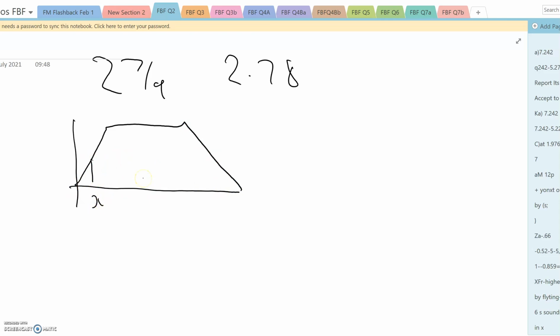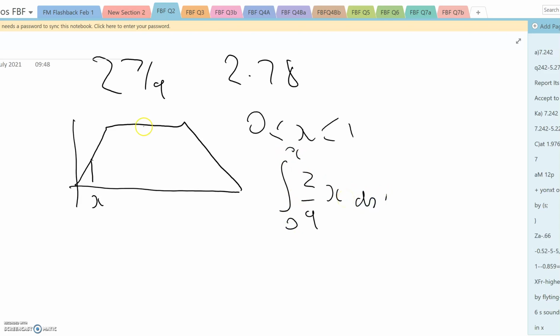If x is between 0 and 1, we do the integral of 2/9 x between x and 0 dx.